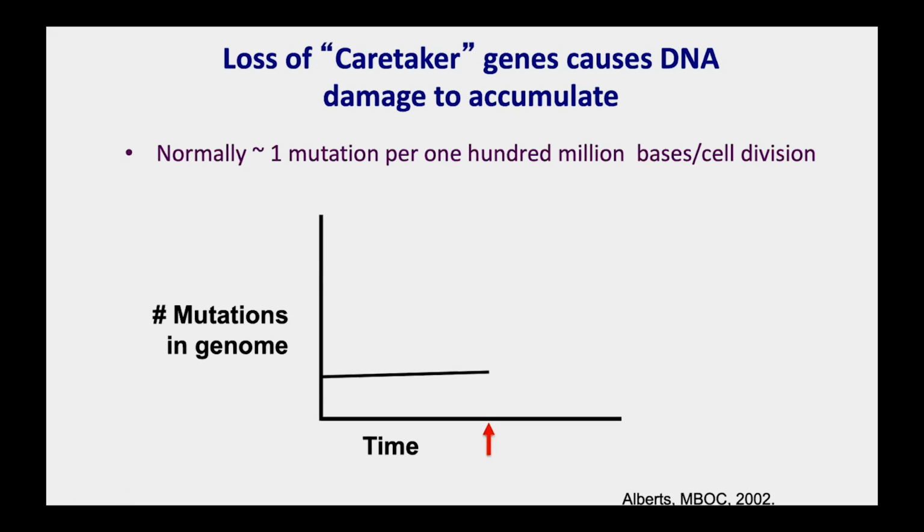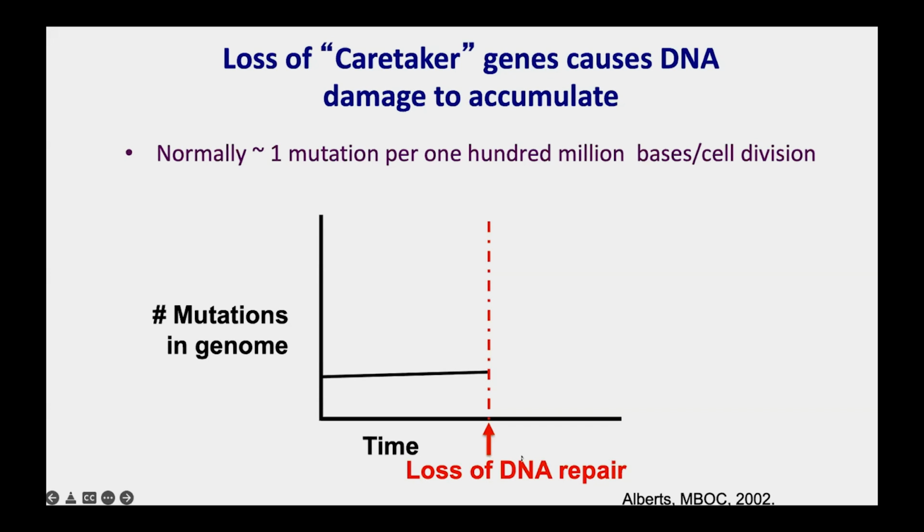So what happens when we lose our caretakers? That is when we accumulate more DNA damage, as I've said before, and I just wanted to illustrate this in this graph. On the x-axis is the number of mutations, and the y-axis is the time. So as cells are dividing, there's a low background rate of mutations in our genome, and most of them don't cause us any problems at all.